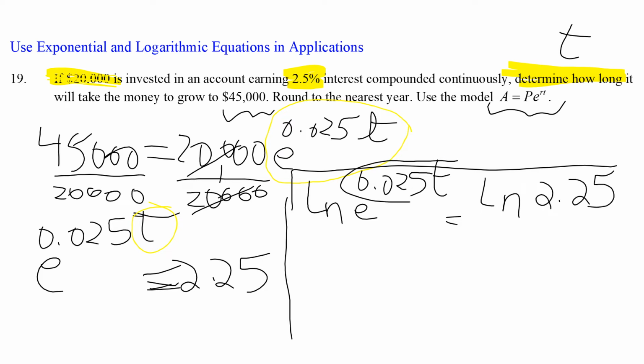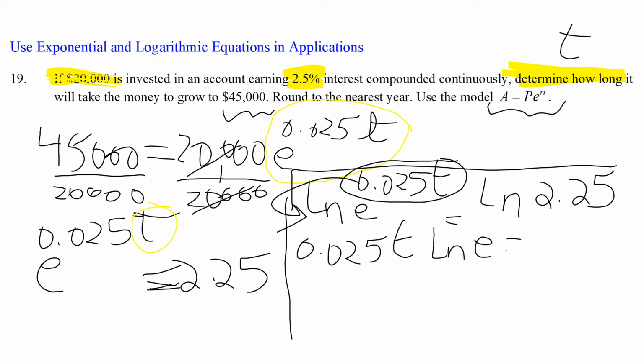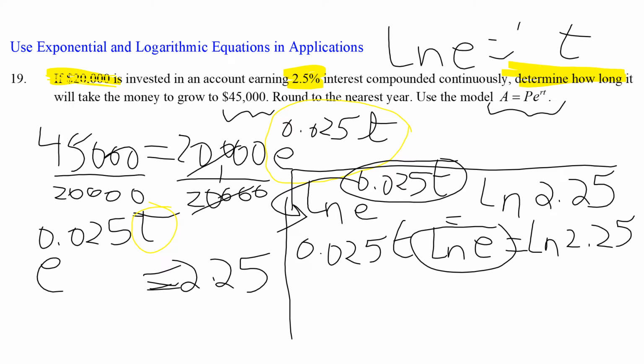And then I'm going to apply the power rule to move this in front of the ln. So 0.025t ln e is equal to ln 2.25. But ln e is 1.